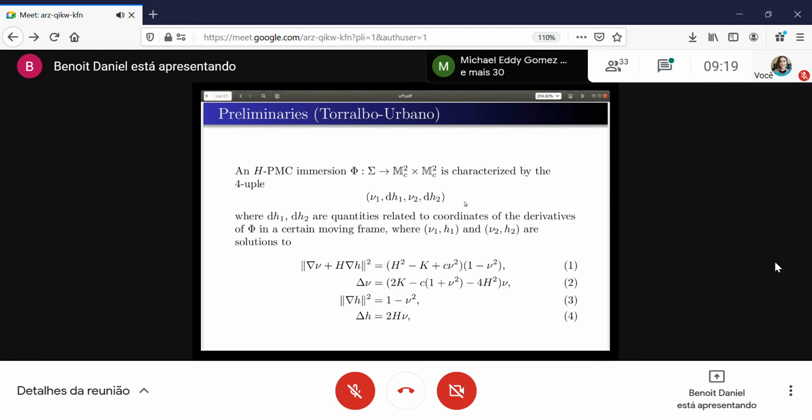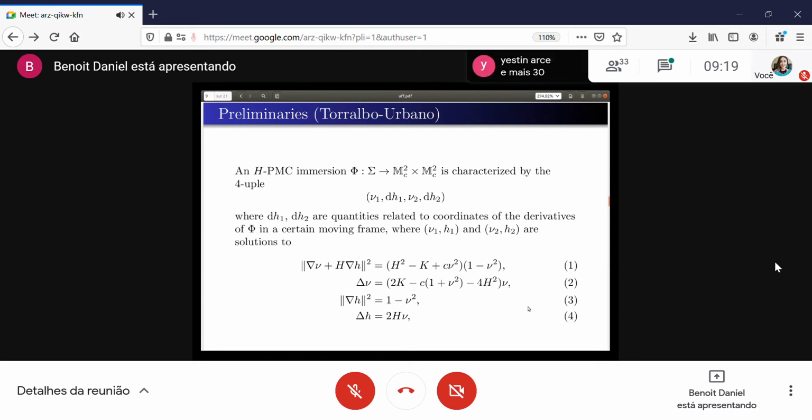Actually, in the paper of Torralbo and Urbano, it's not written like this. It's written in another way, but this way is equivalent, and it will be more convenient for what I'm going to explain. So here I'm saying two things. If I have an H-PMC immersion, I have these quantities: the metric ds², which is fixed, and ν₁, dH₁, ν₂, dH₂. We can show that the Gauss-Codazzi and other compatibility equations show that they are solutions of this set of four equations, two PDEs of order 1 and two PDEs of order 2.